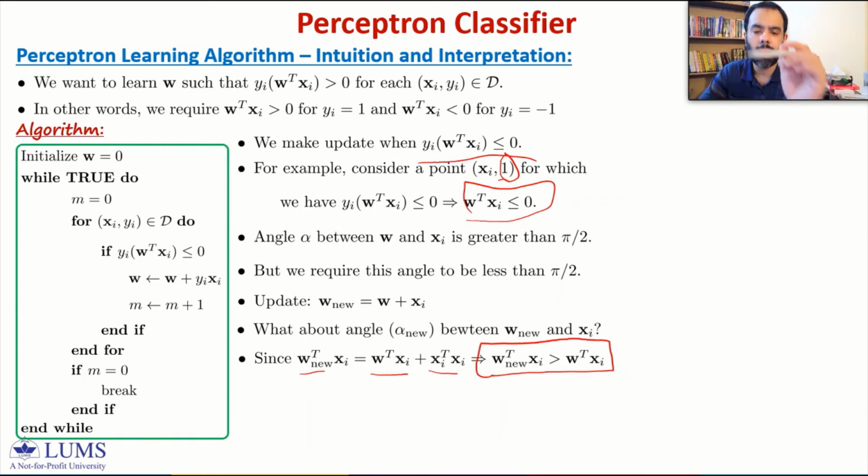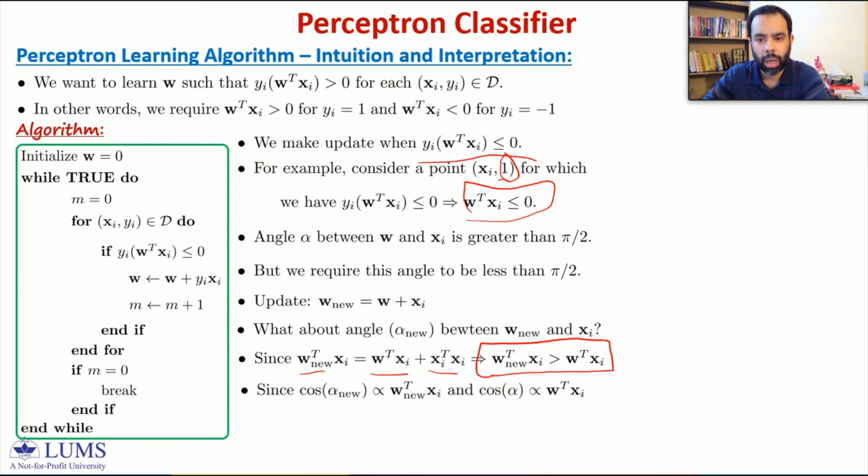So the inner product has increased. And we know that the cosine of the angle between vectors is proportional to the inner product. Consequently, the new angle is less than the previous angle.